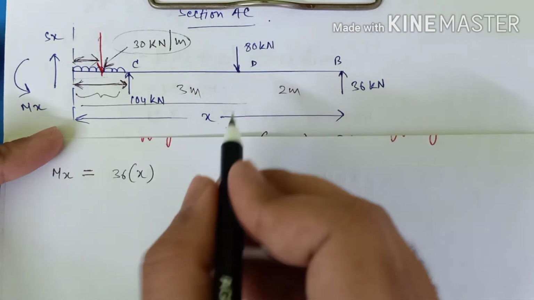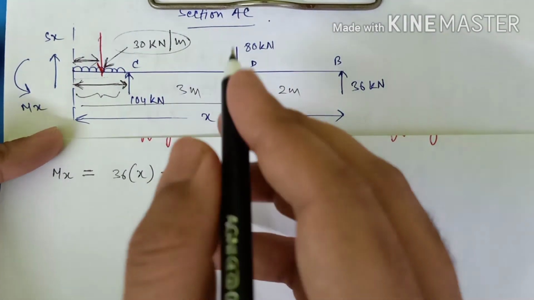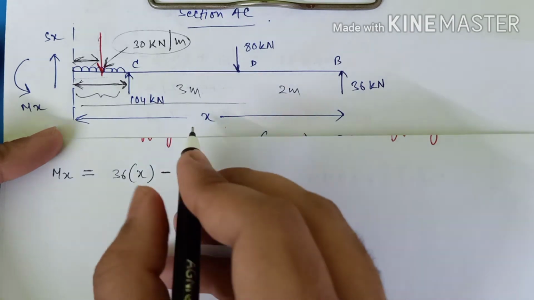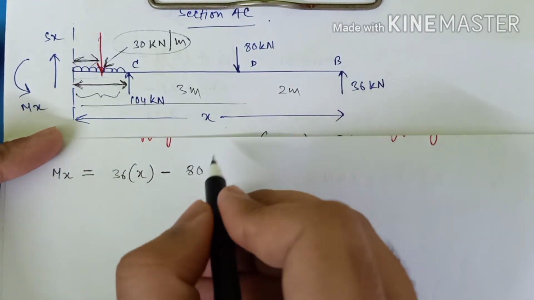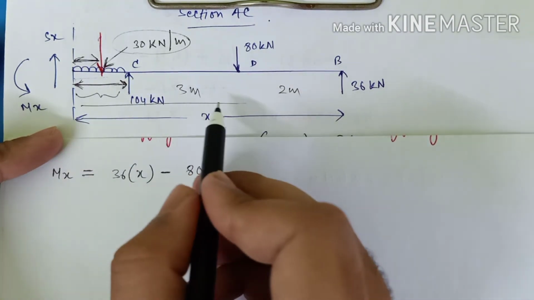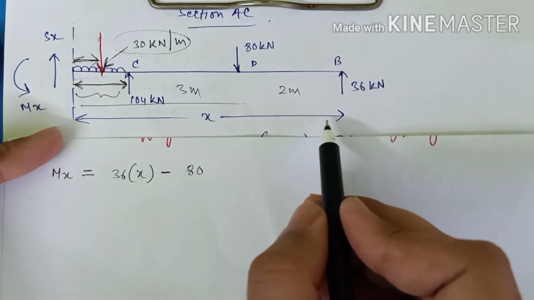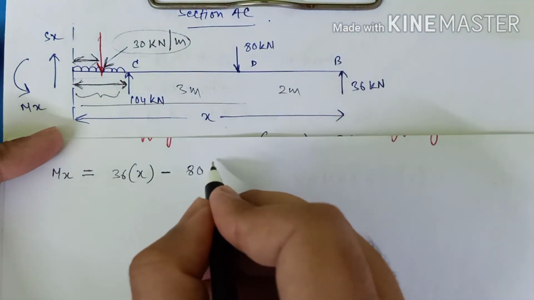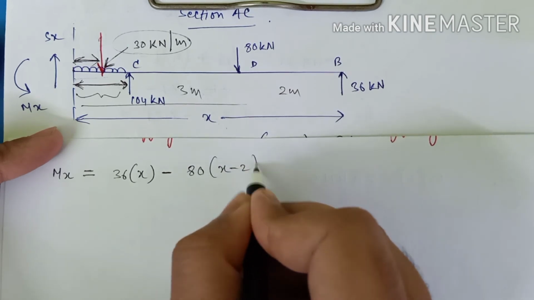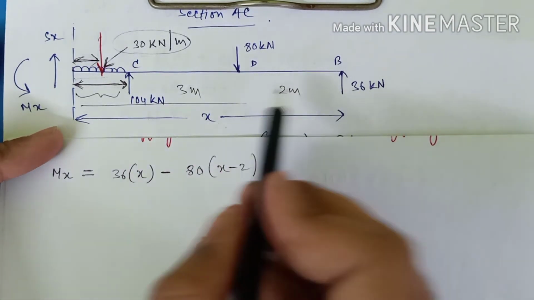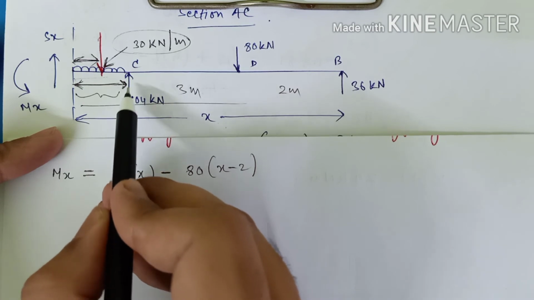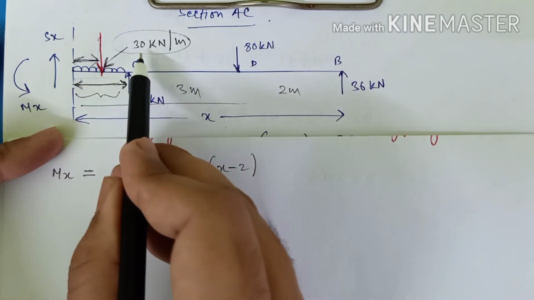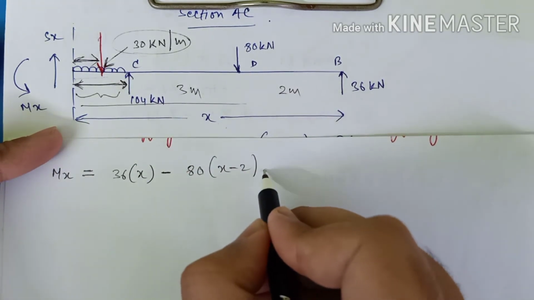Then this 80 will be minus because it will try to hog the beam, right? So 80 multiplied with this distance. Total is x and this much is 2, so you have to subtract this 2, so it will be x minus 2, right? Then this 104 kilonewton force will also try to sag the beam, so it will be again positive.